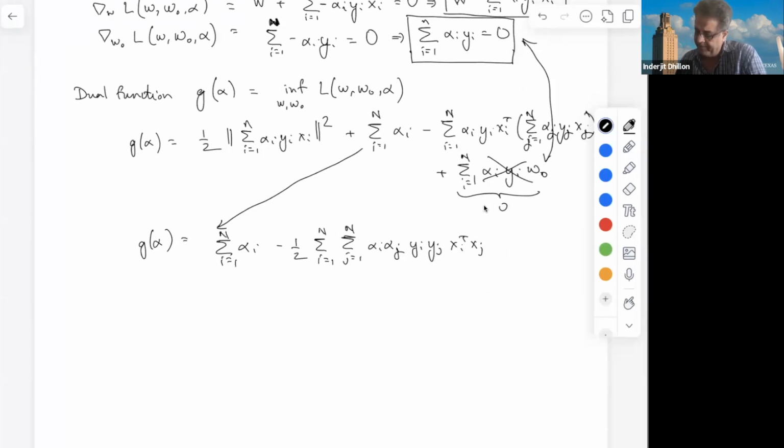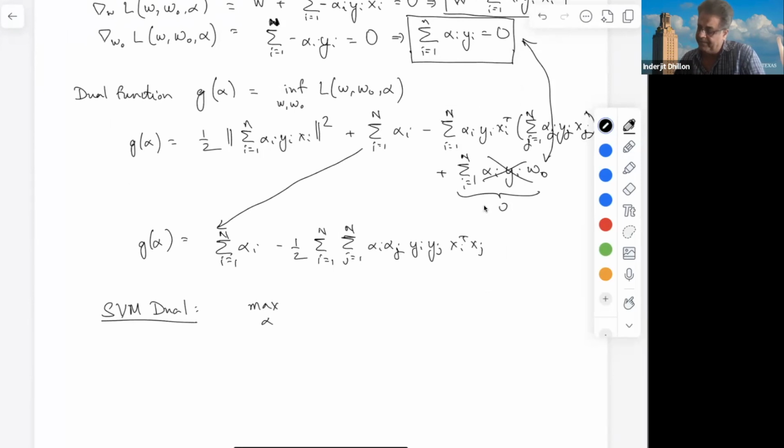Okay, as a result, here is the SVM dual. So we've eliminated W and W naught, and we now have an optimization problem only in the alphas, and we want to try and maximize the dual.